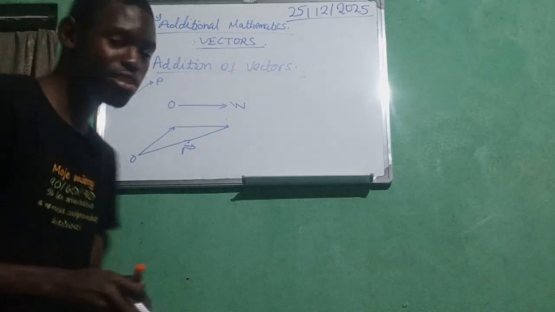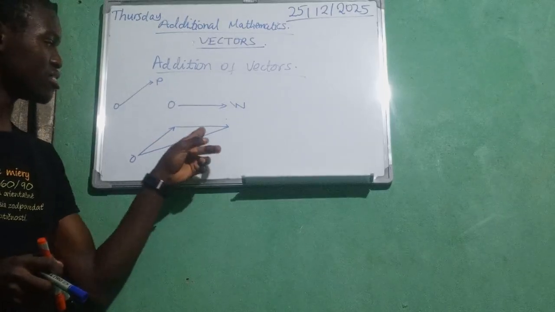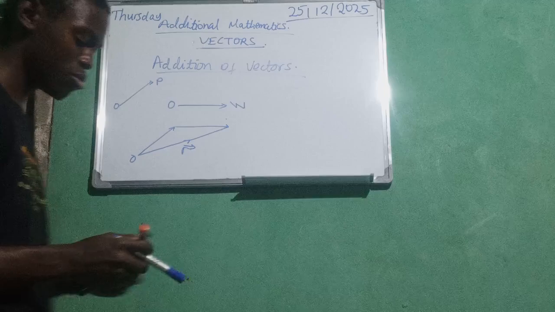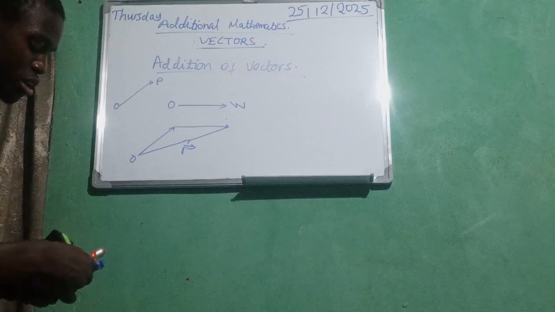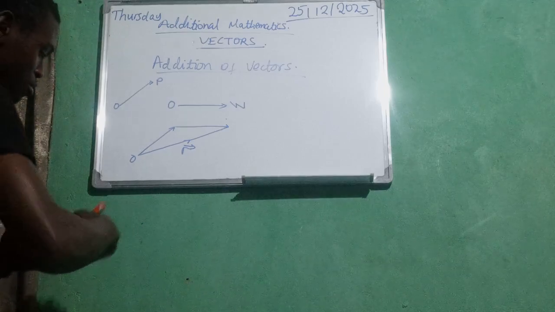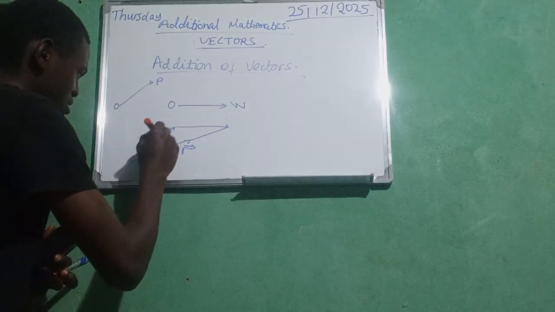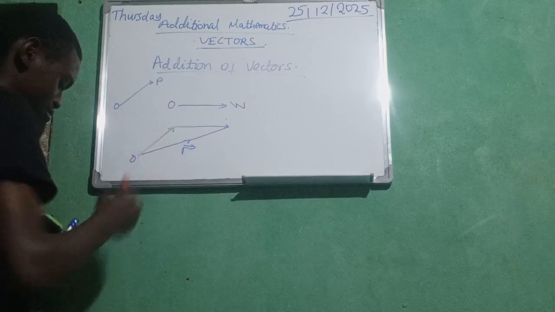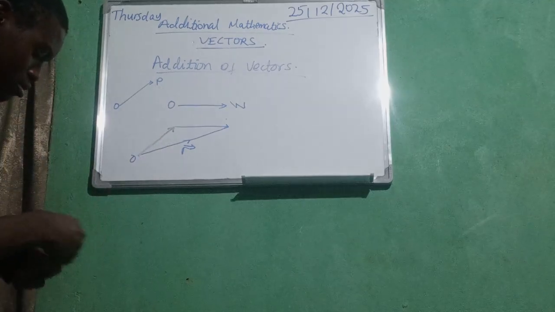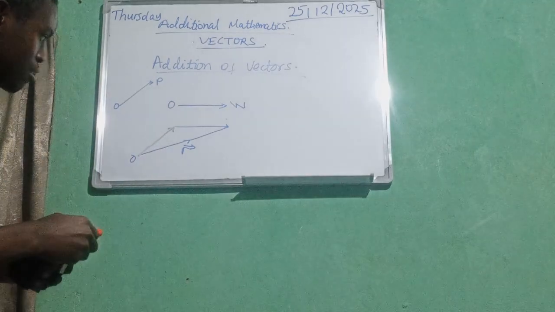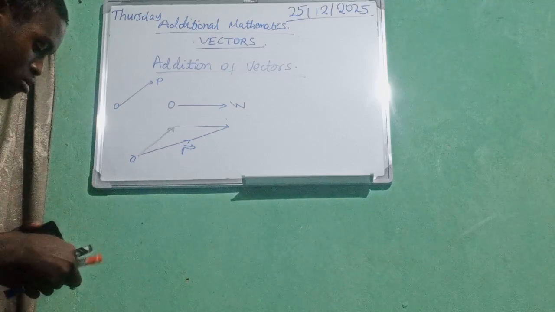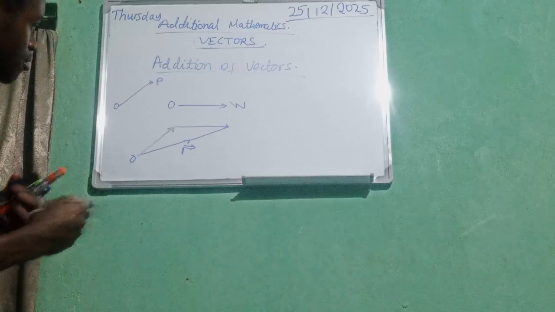So if we're to add these two vectors, we can differentiate the vectors so we can know what we're doing. So this vector here, that vector, and this vector here.